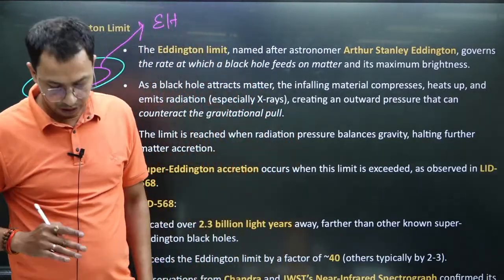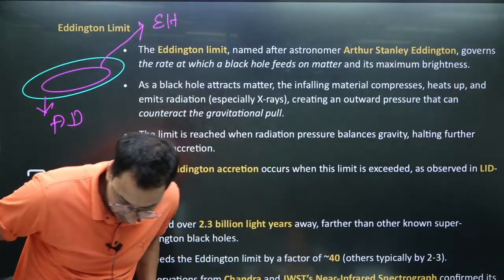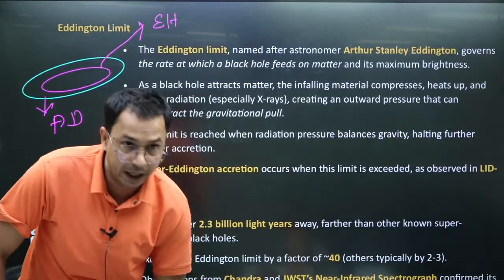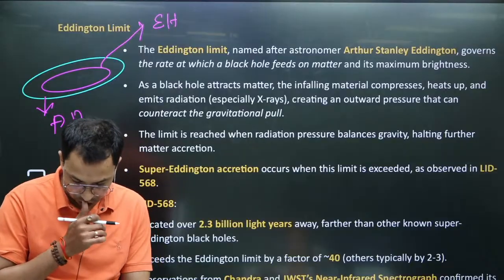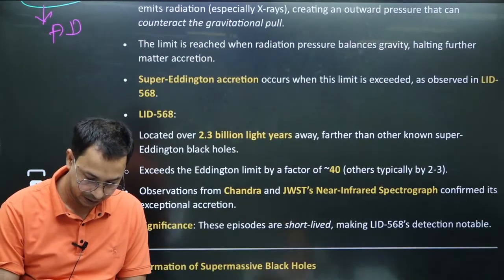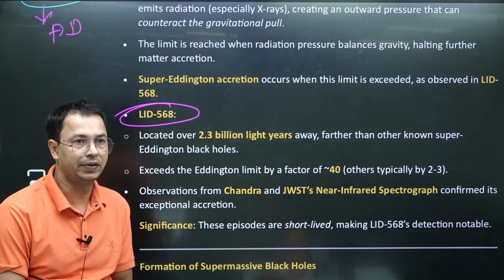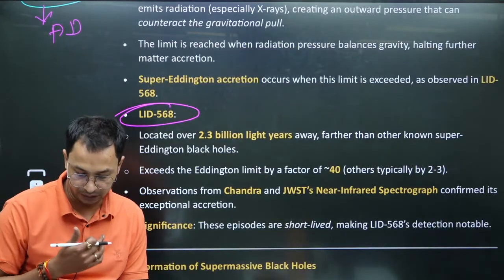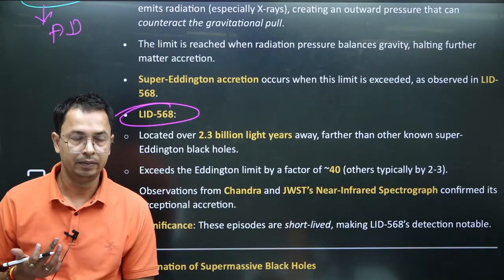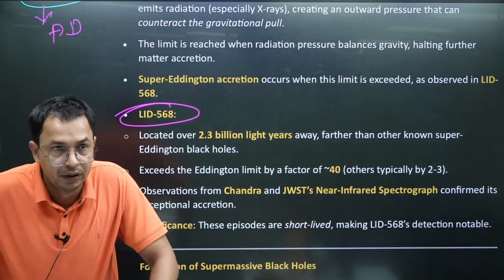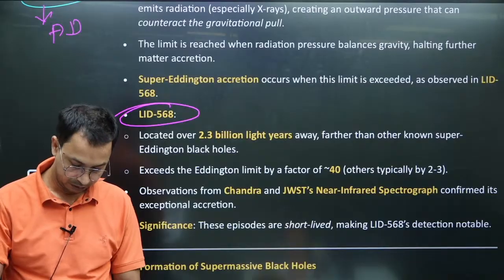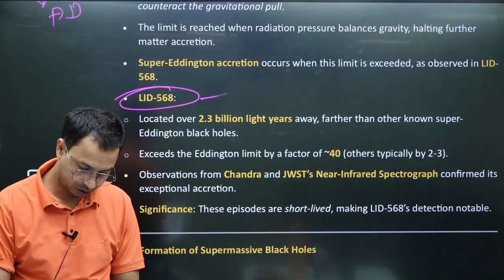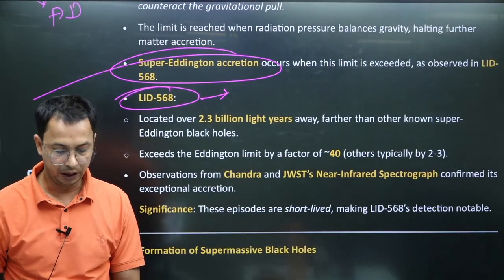The Eddington limit is how much mass a black hole can eat in a certain amount of time, and this is called the LID 586 black hole. The LID 586 black hole is eating approximately 50 times more mass than it should have eaten, and this type of black hole is called a super Eddington black hole.